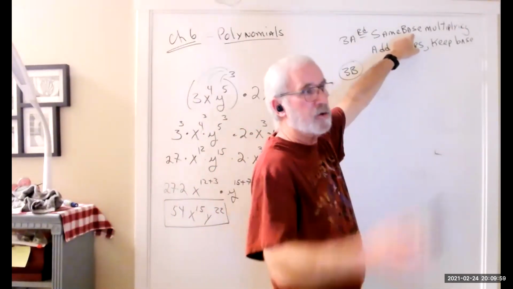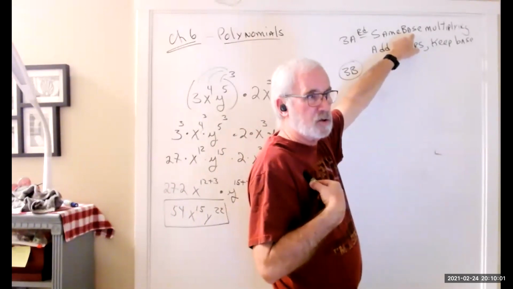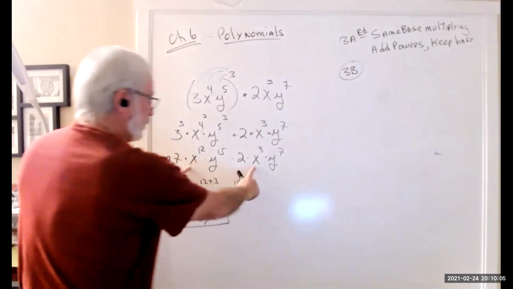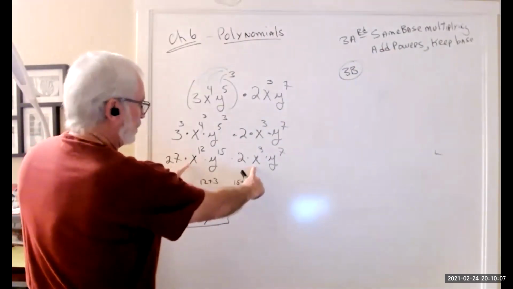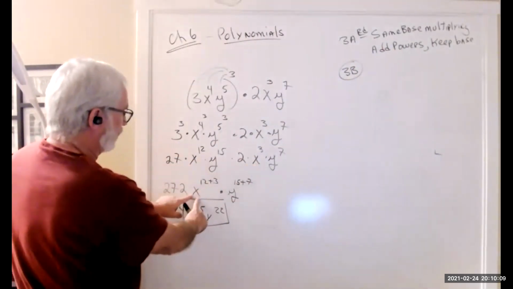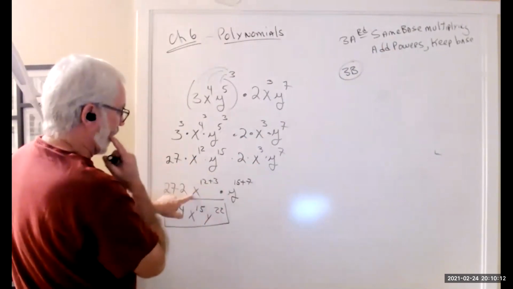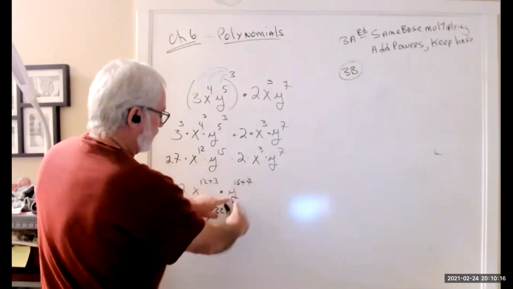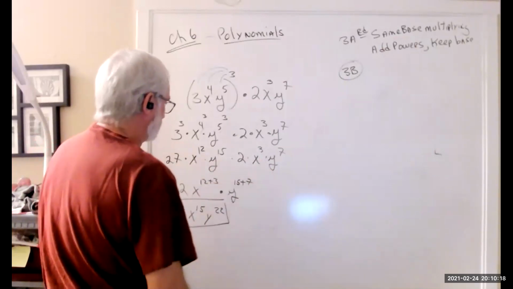You said like terms, I'm saying same base. So the x's were the same base. We keep the base number, but we add the powers. Keep the base number y, add their powers.